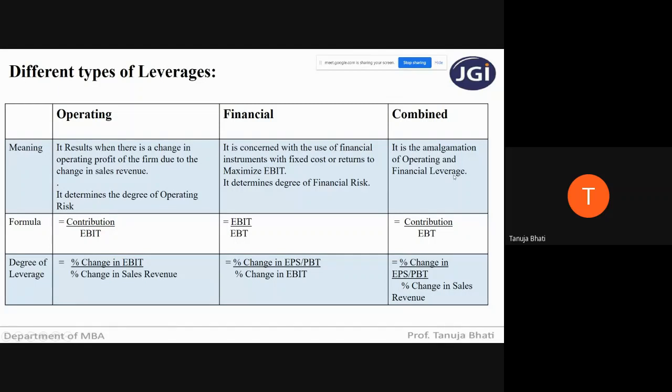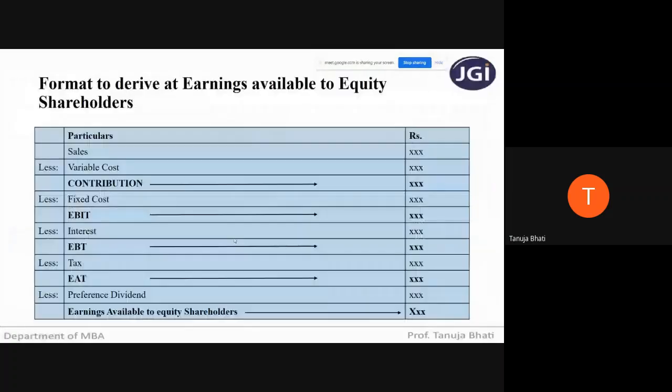When we combine contribution divided by EBIT and EBIT divided by EBT, the EBIT cancels out, and we remain with contribution divided by EBT. So combined leverage is contribution divided by EBT.